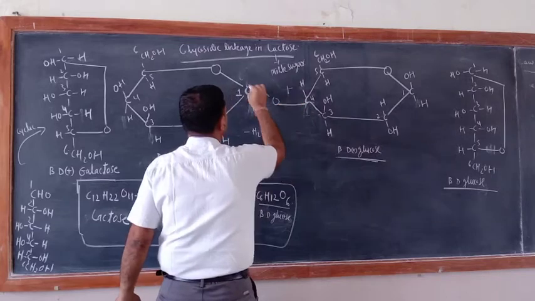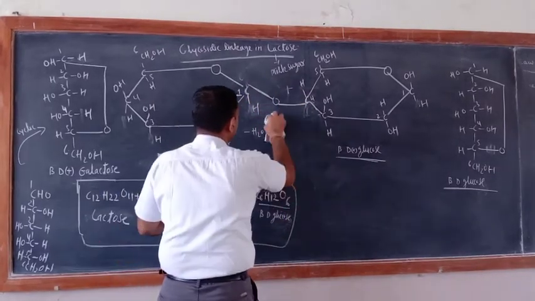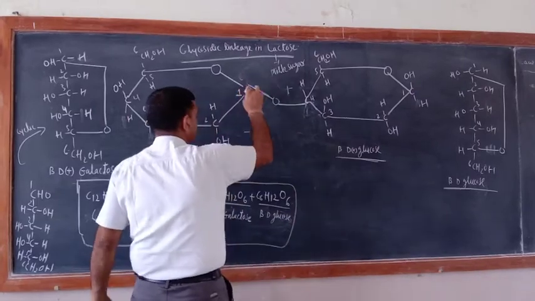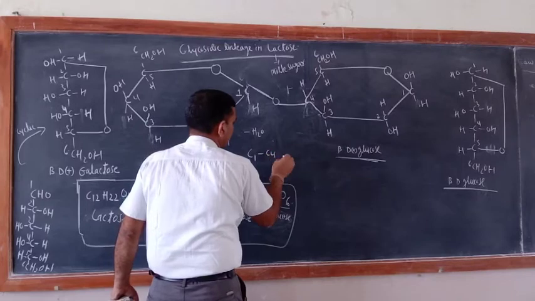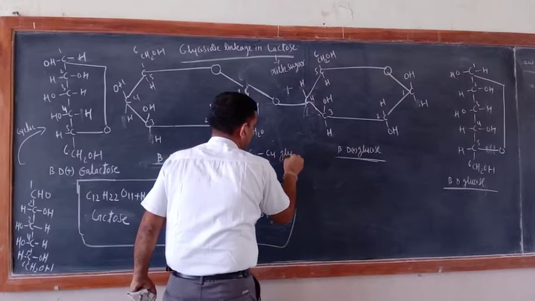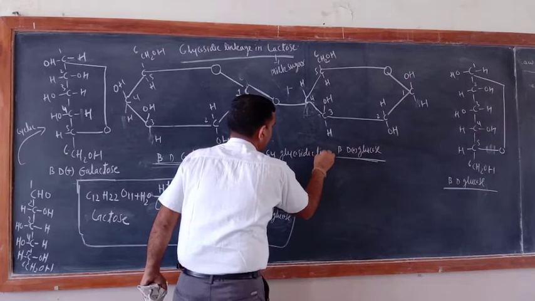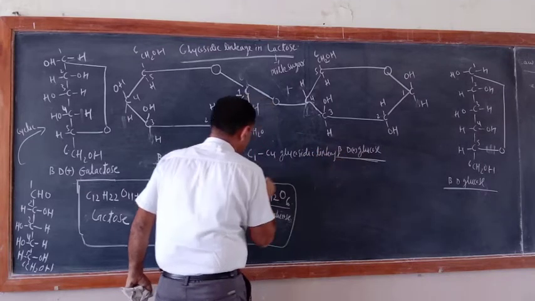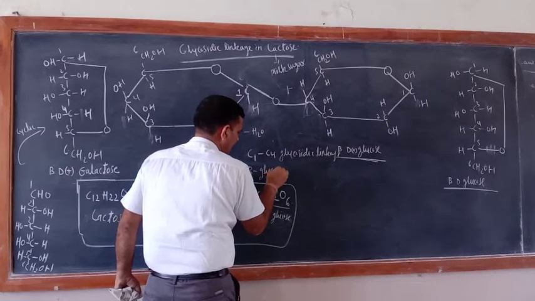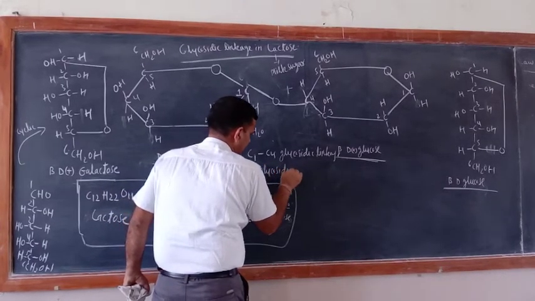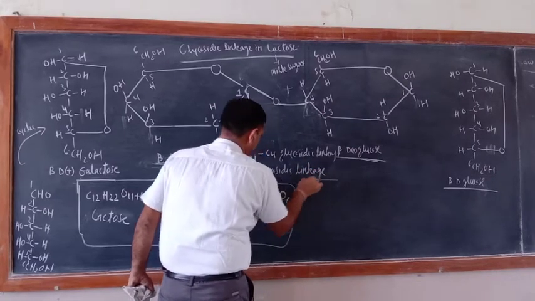No problem. Just see, you can make this one. This is glycosidic linkage. So what kind of linkage is this one? This is C1C4 glycosidic linkage. Okay, we can tell this one beta glycosidic linkage.